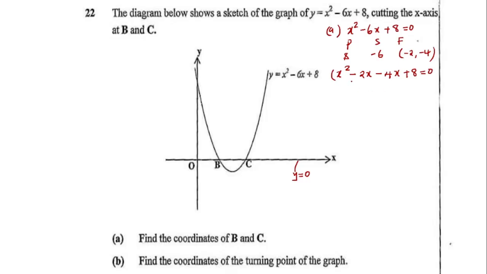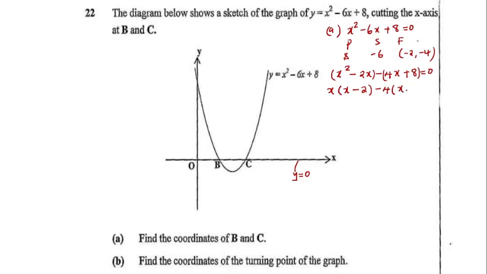At this stage, we're going to group our expression. In the first group, you look for the common factor. The common factor in x squared minus 2x is x. Then you remain with x minus 2. In the second group, you look for a number that goes into 4 and 8, that is 4 itself.